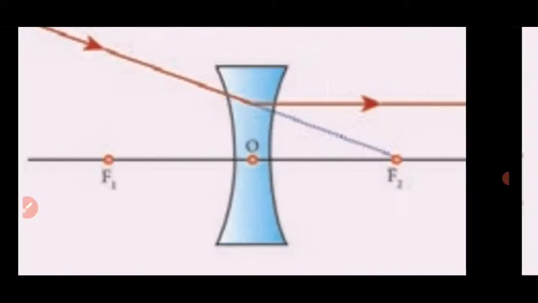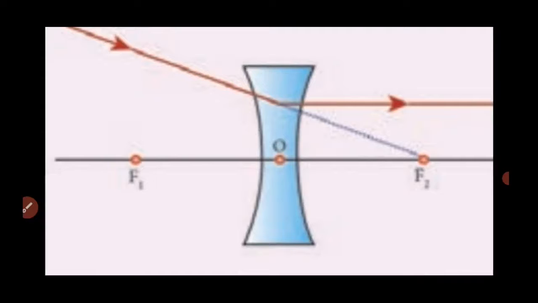Rule 3: a ray of light going towards the focus, after refraction becomes parallel to the principal axis.